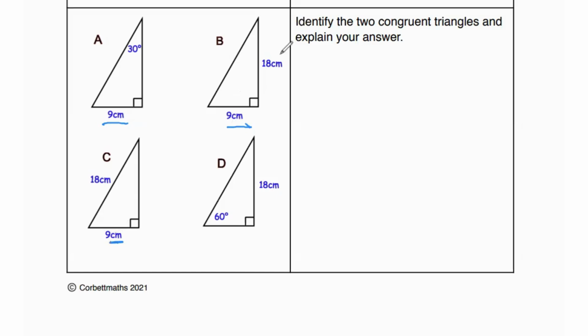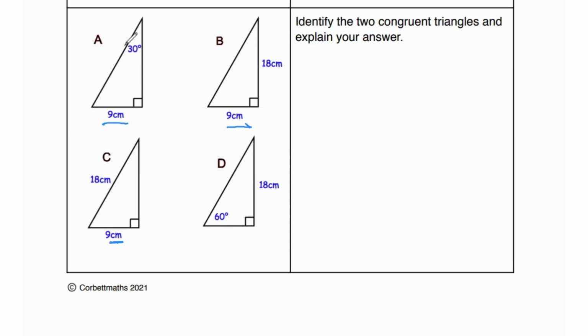But for B, this perpendicular length is 18, but for C, that 18 is your hypotenuse, which means B and C are not congruent to each other. Similarly, C and D are also not congruent to each other because once again, the length placement is different. But what we can do is find the missing information and see whether they're congruent or not.